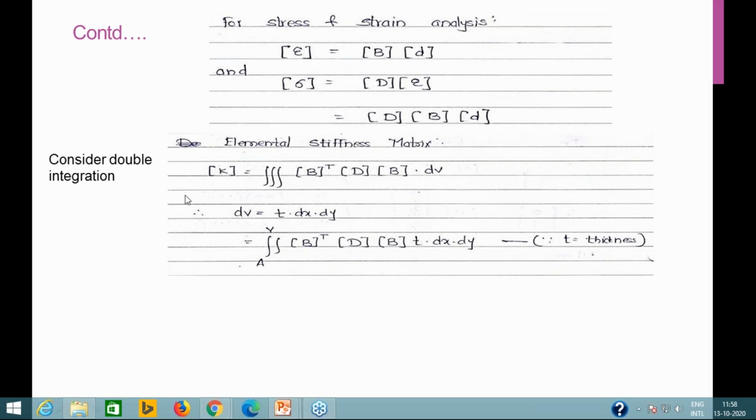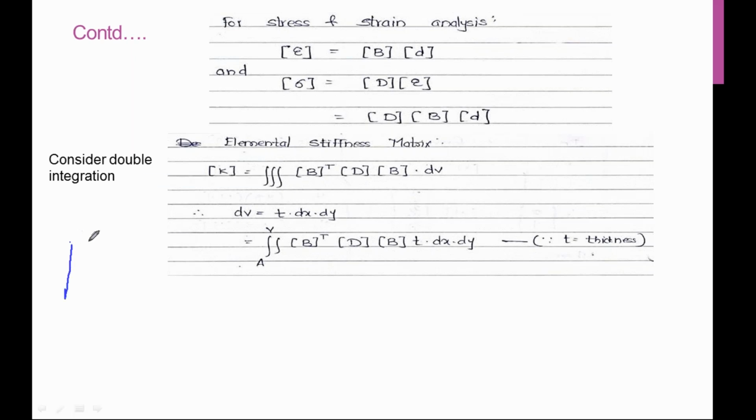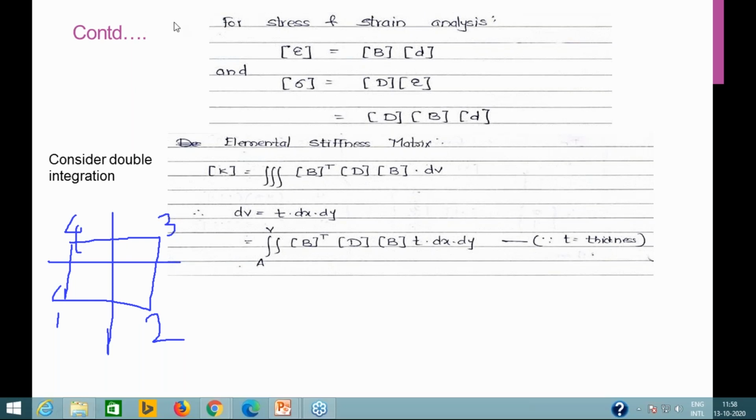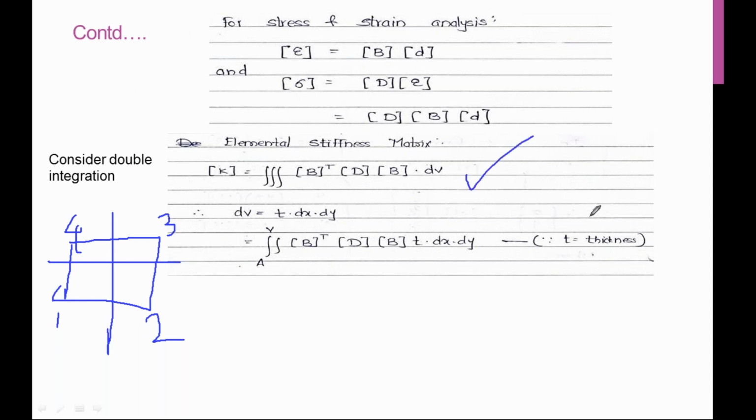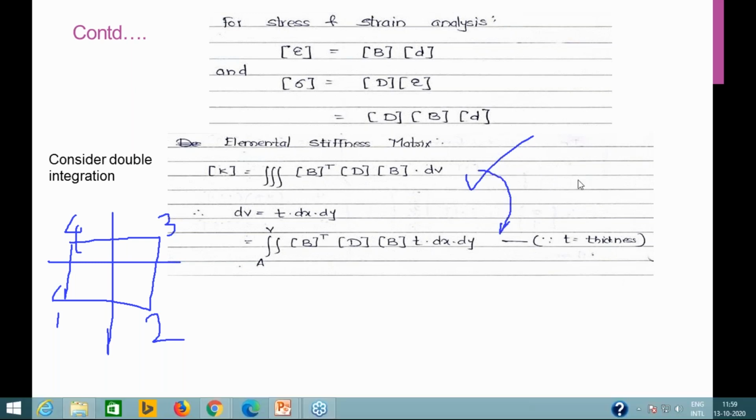So now I am going to explain the quadrilateral element. Now 1, 2, 3, 4. I know you got the equation for the stiffness matrix, and you have to solve this stiffness matrix equation. But what will be the size of the stiffness matrix?